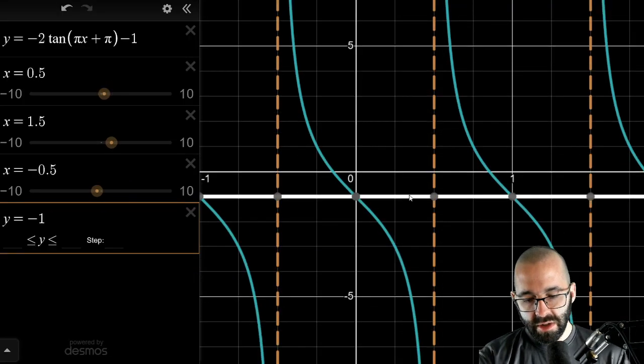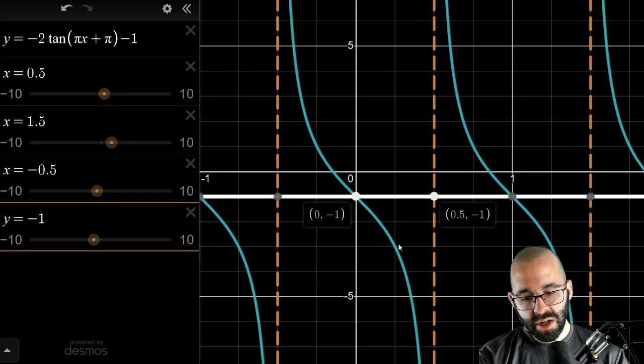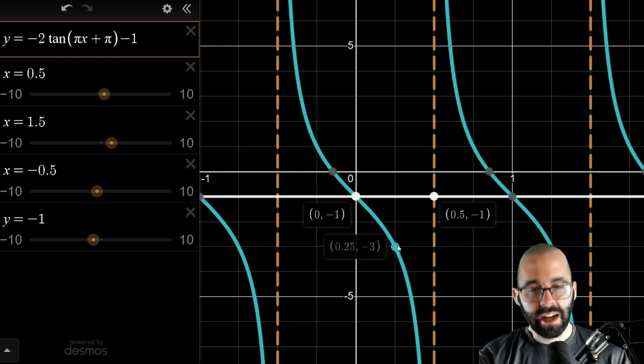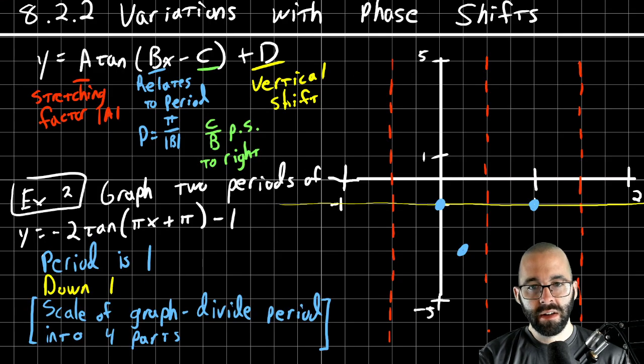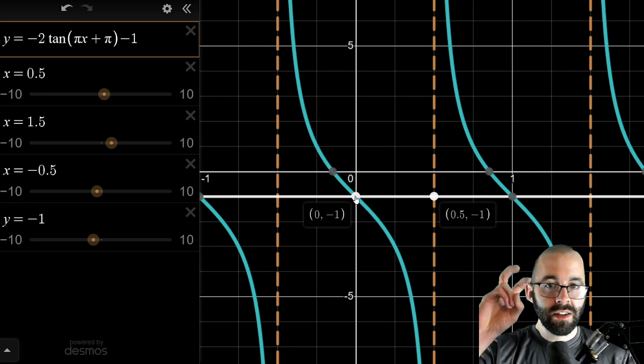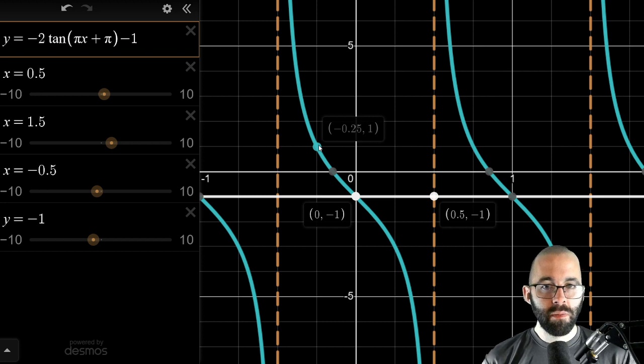And again, you don't have to do this all by hand. Look at this point right here, halfway between the middle and the asymptote: this x value is at a quarter, and at a quarter, the value is -3. Okay, so we have the point 1/4 comma -3 as well. And likewise, what's halfway between the x coordinate for the middle and the asymptote over here? Well, that's going to be at -1/4. What is the y value at -1/4? +1.